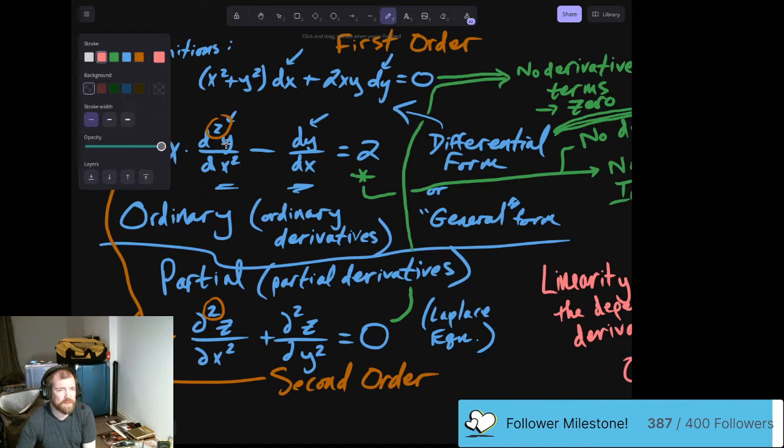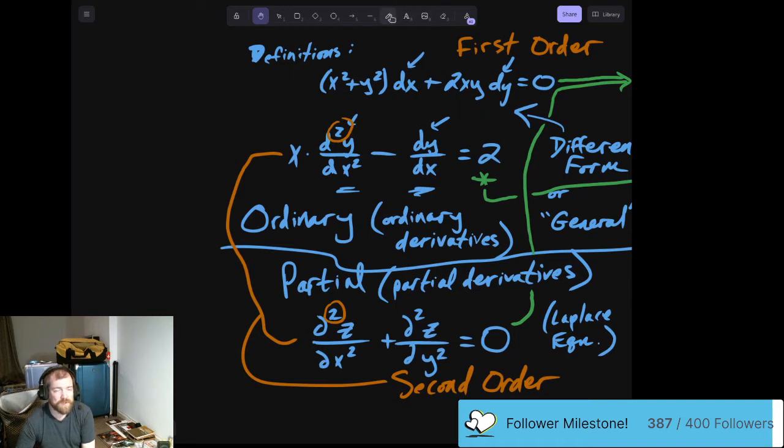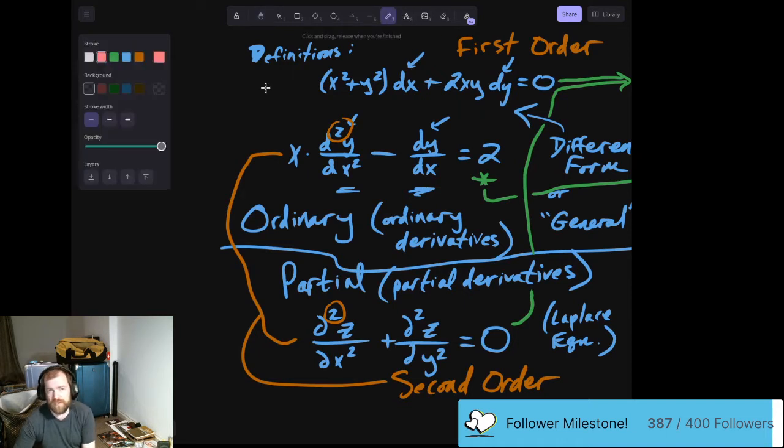Now, I will say that this would also be linear in y if x was a much more complicated function. It would not matter at all in the least. If I went, okay, this is f of x times the second derivative of y with respect to x, wouldn't matter one bit.